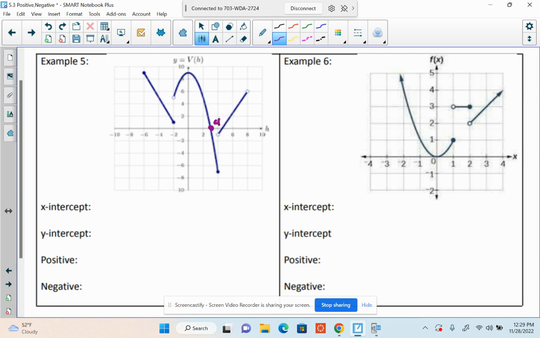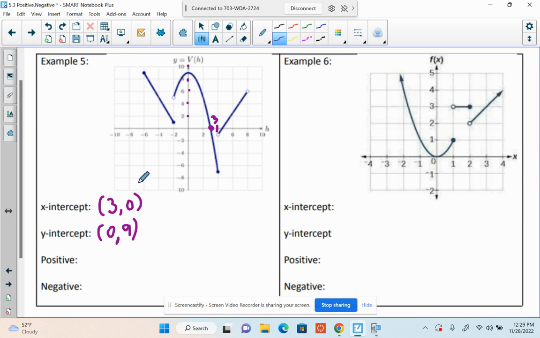This must be 3 right here. Look at the scale. This next mark is a 4. So that's got to be x equals 3. So that's (3, 0). That's our only x-intercept. And then our y-intercept, again, we're counting by 2s. 2, 4, 6, 8, 10 is up there. That looks like (0, 9).